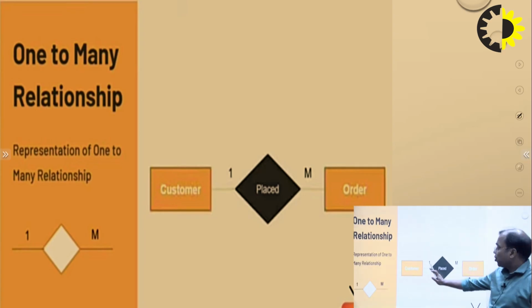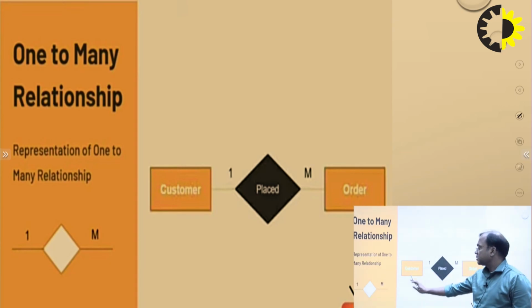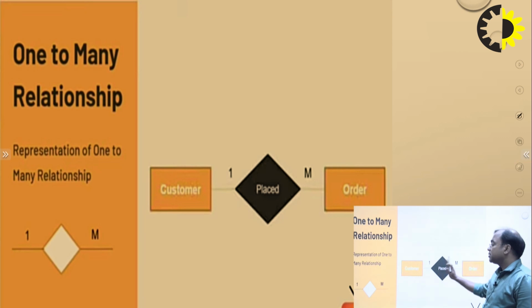Next, how is a customer related with an order? When a customer orders on Amazon or Flipkart or any e-commerce site, every customer places many orders. That is called a one to many relationship.